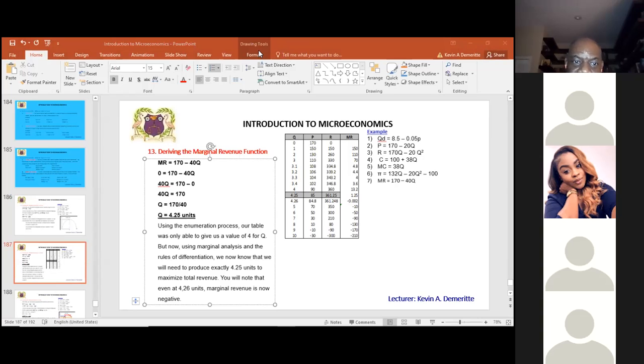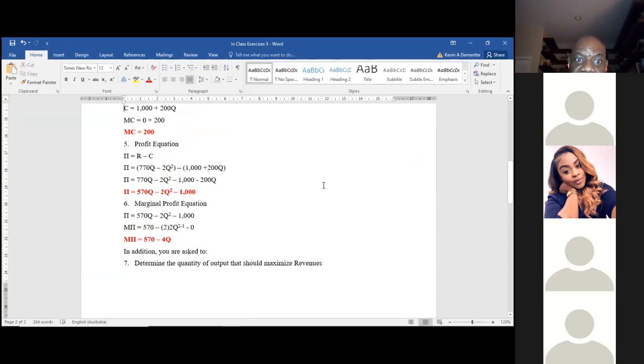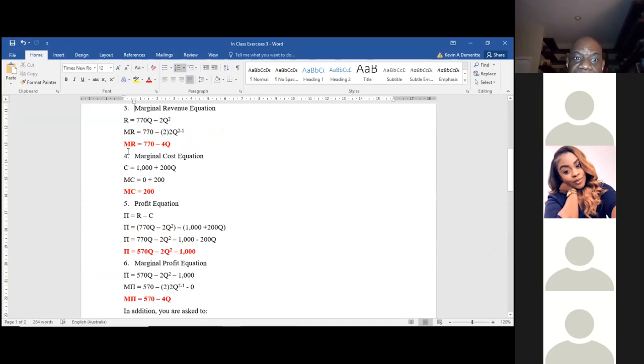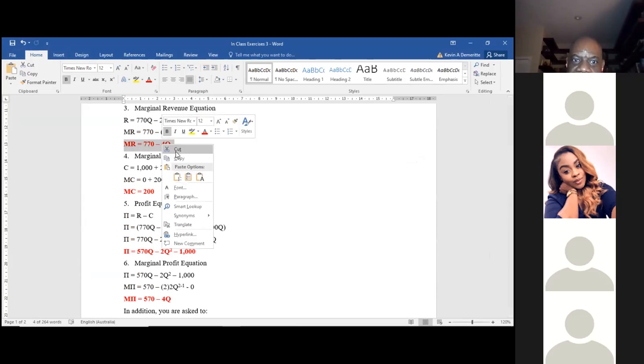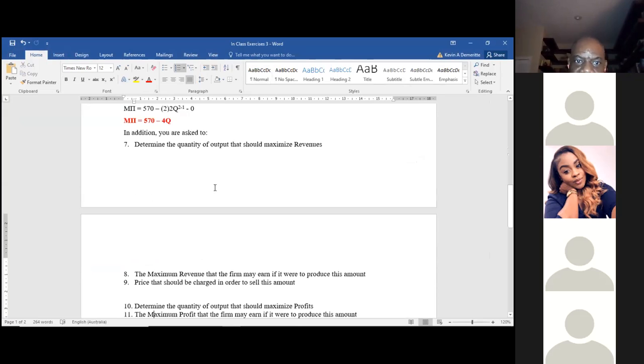So let's see. They said determine the quantity of output that should maximize our revenue. And our notes said we need to take our marginal revenue equation, set it equal to 0 and solve. So let's find our marginal revenue equation: 770 minus 4Q. Copy that. All right, here's my marginal revenue equation.